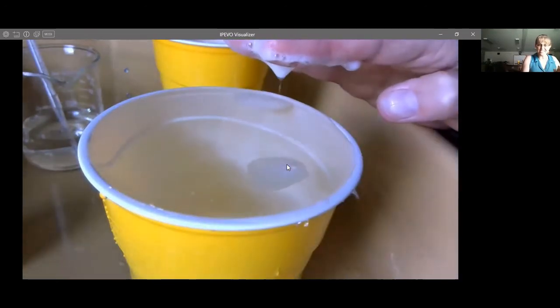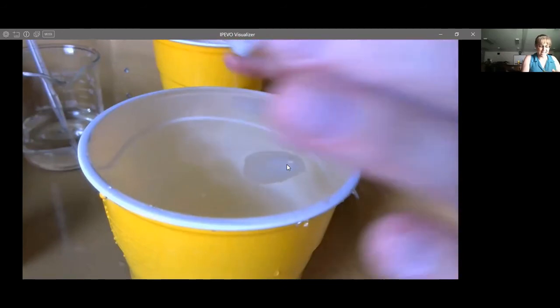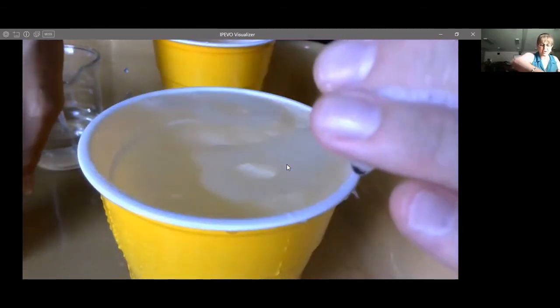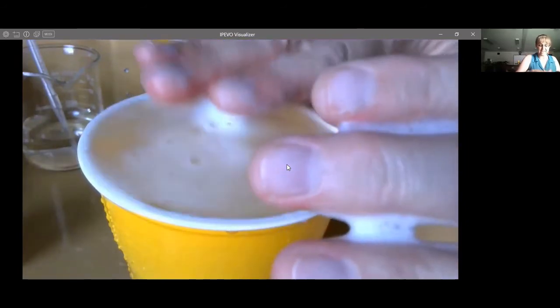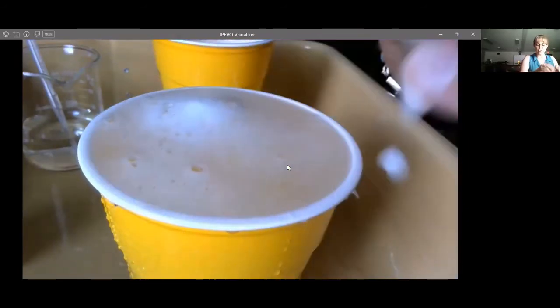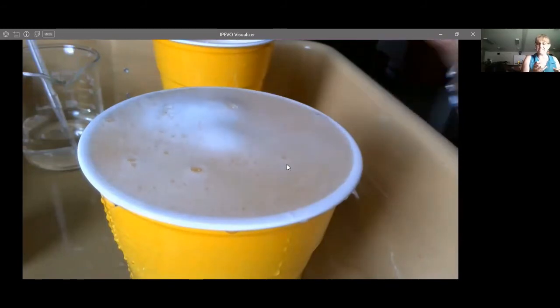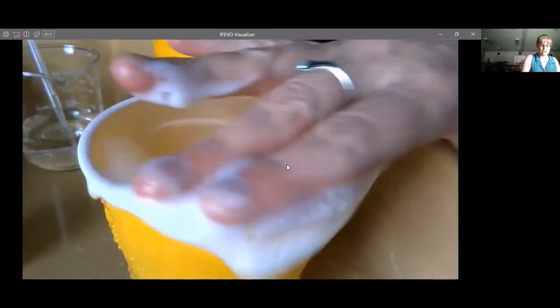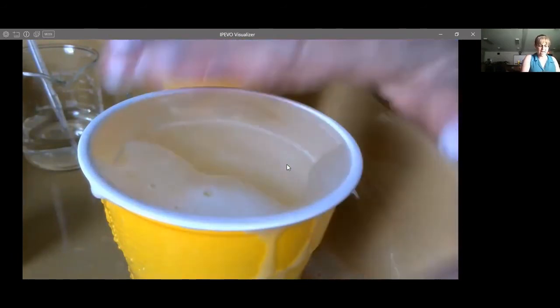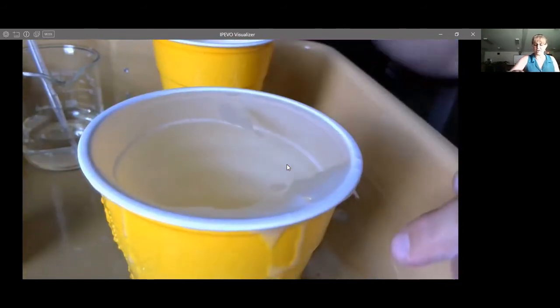And you see, I didn't even touch the needle, but it sank because the soap is reacting with the surface tension of the water, the surface active agent, and it is destroying the hydrogen bonds, the attractions that cause the surface tension.